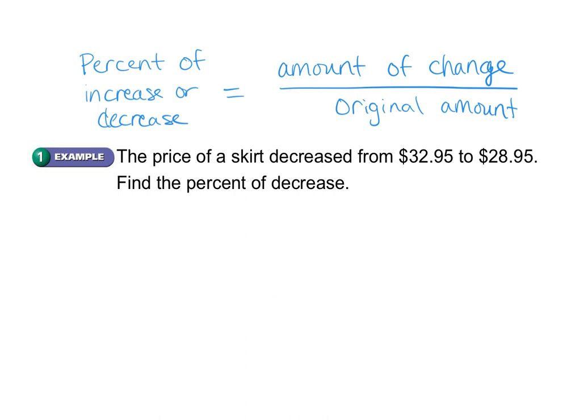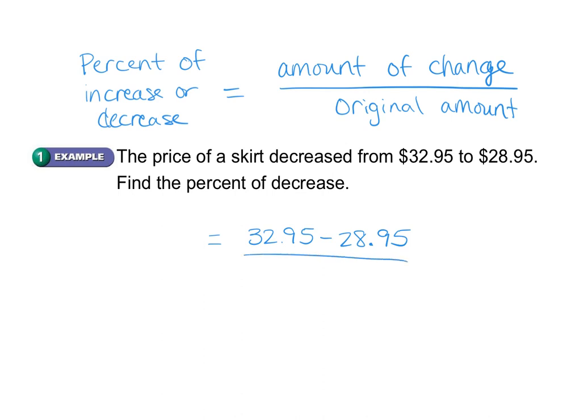The price of a skirt decreased from $32.95 to $28.95. We need to find the percent of decrease. So percent of decrease, we're going to have the amount of change, and we're dividing it by the original amount. So the amount of change is the starting price, the $32.95, and we subtract the ending price, and that's going to tell us how much it changed, how much it decreased.